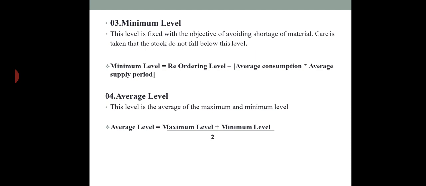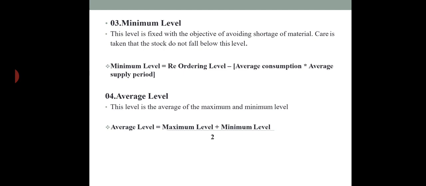And the next one is minimum stock level. The minimum stock level is fixed to avoid shortage of material. For that the formula is minimum stock level equals reordering level minus average consumption into average reorder period. And the next one is average level.